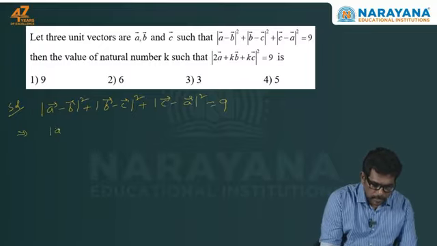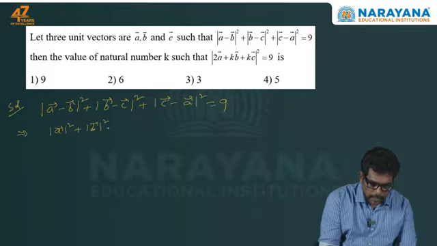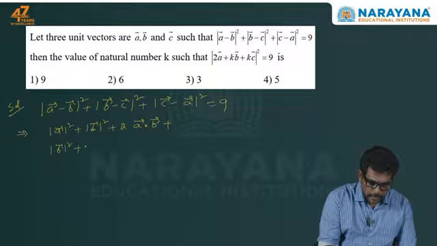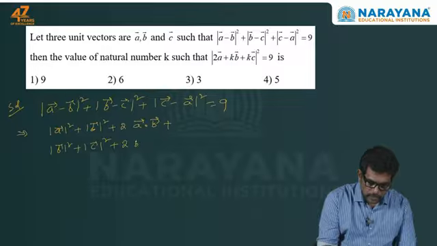Applying that formula, mod a bar square plus mod b bar square minus 2 times a bar dot b bar, plus similarly mod b bar square plus mod c bar square minus 2 times b bar dot c bar, plus mod c bar square plus mod a bar square minus 2 times c bar dot a bar is equal to 9.